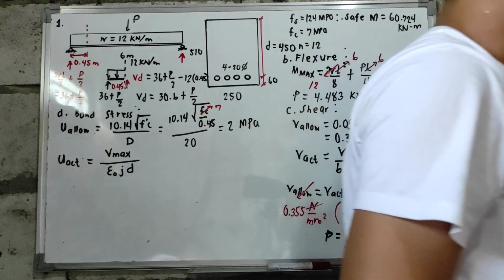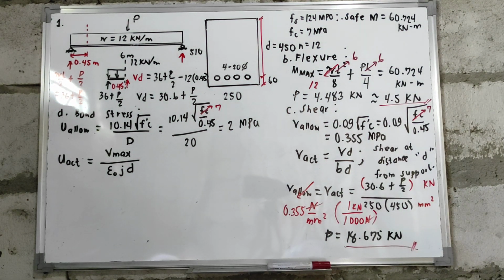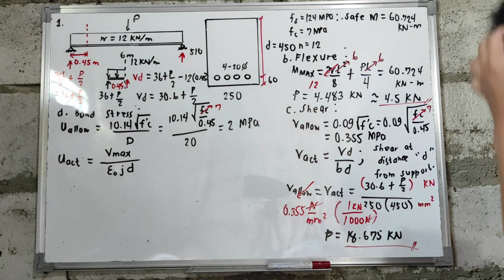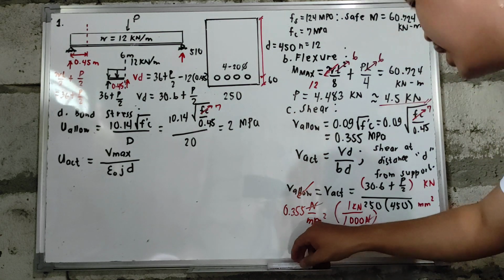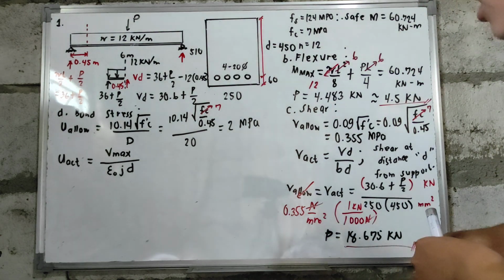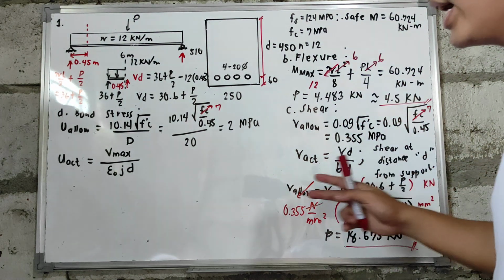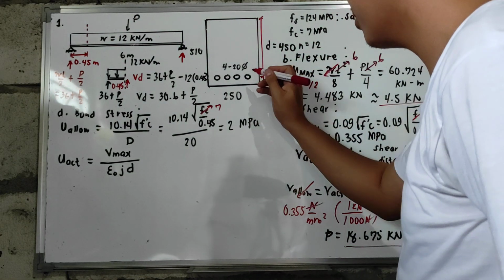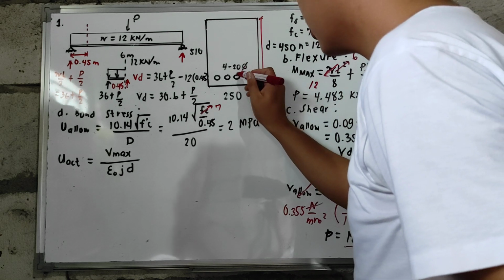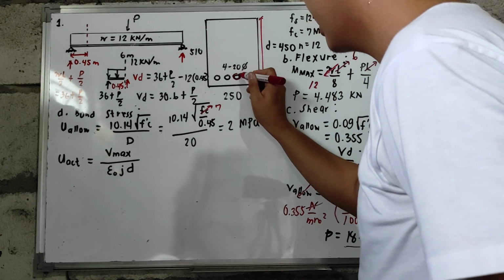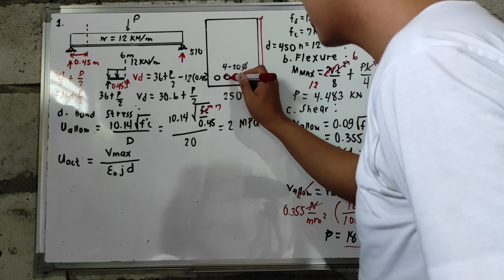For Vmax, we just get our maximum shear here. And our epsilon O is the sum of bar circumference. Usually in bond stress, the stress is transferred from the concrete to the circumference of our steel bars. Meaning, along this circumference, our stress travels. This is what we call epsilon O.